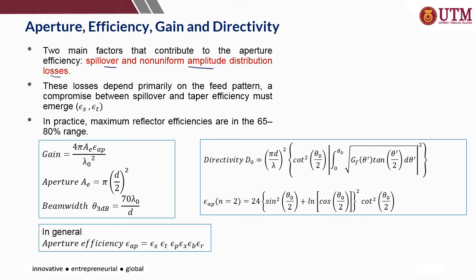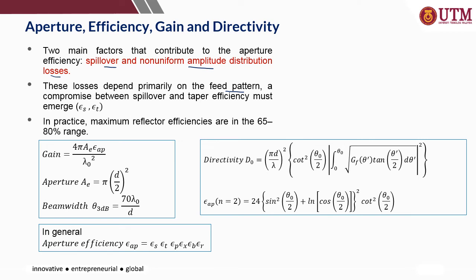The losses depend primarily on the feed pattern. So as mentioned in the previous slide, we can adjust the feed pattern in order to minimize the losses. If we can control the feed pattern, we can also compromise or control the spillover and taper efficiency. In practice, maximum reflector efficiencies are in the range of 65% to 80%.